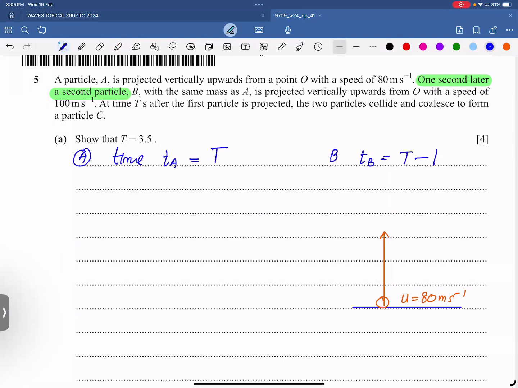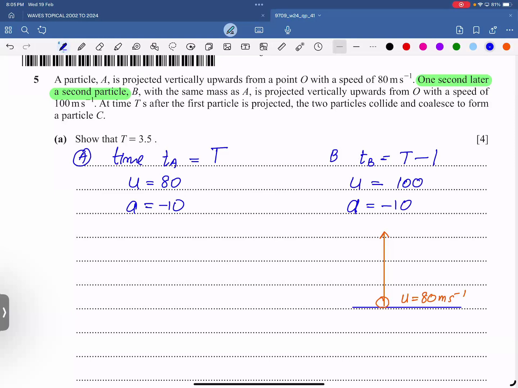The earlier the particle, the more the motion. So it has to be t minus 1, not t plus 1. Okay, so for A, the initial speed is 80, acceleration is minus 10. For B, initial speed is 100, and the acceleration is also negative 10, my dear.